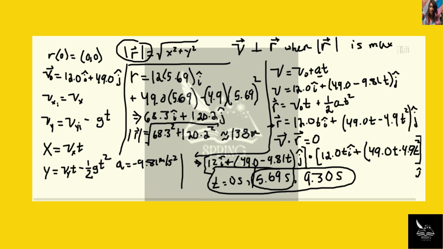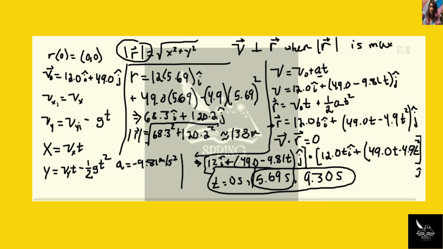Now, just to kind of build on what we just did here, I had to use the fact that for maximum displacement, the velocity vector and the displacement vectors are perpendicular. So that's the whole reason why we had that dot product, the v dot r down here, is we had to use that fact about the orthogonality, essentially, or how they're going to be perpendicular at those specific points. Now, if two vectors are perpendicular, we know the dot product is 0. So first I had to consider that at time t, the displacement is going to be maximum.